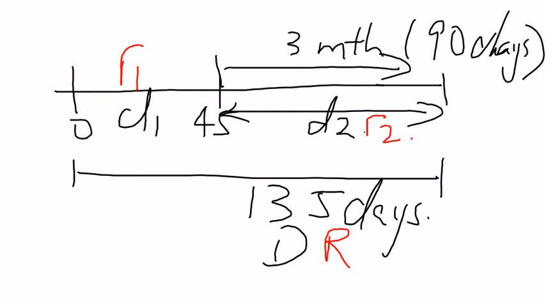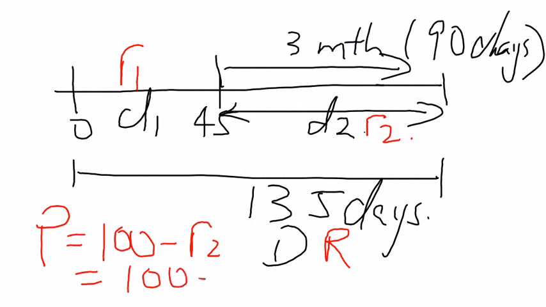So R2 basically is a 90-day forward rate. Once we are able to solve for this R2, the price of the Eurodollar futures will be equal to 100 minus R2 in terms of percentage. If R2 is equal to 2%, then the price will be 100 minus 2%, equal to $98. Then that will be the price of the Eurodollar futures.